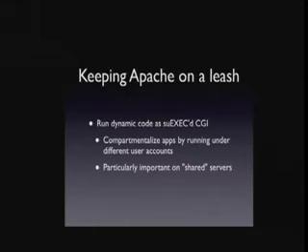The key things that I see for this are if you have dynamic code. That would be if you're writing something, say, in PHP, Perl, Python, that kind of thing. I really always recommend that, especially on what we call shared servers, you compartmentalize it so that particular applications or particular domains are running under different user accounts on the system.